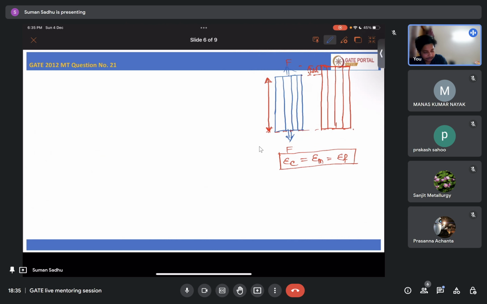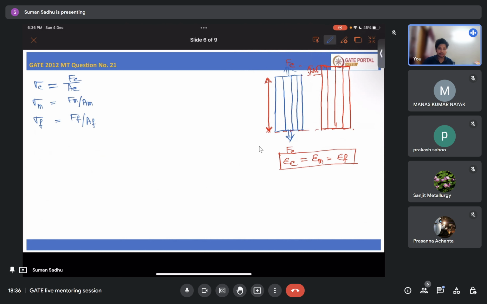And already we wrote the expression for sigma c, sigma m, and sigma f, right? Sigma c was force by Ac, which is Fc divided by Ac; the force on the matrix divided by the total area of the matrix, and the force on the fiber divided by the total area of the fiber.